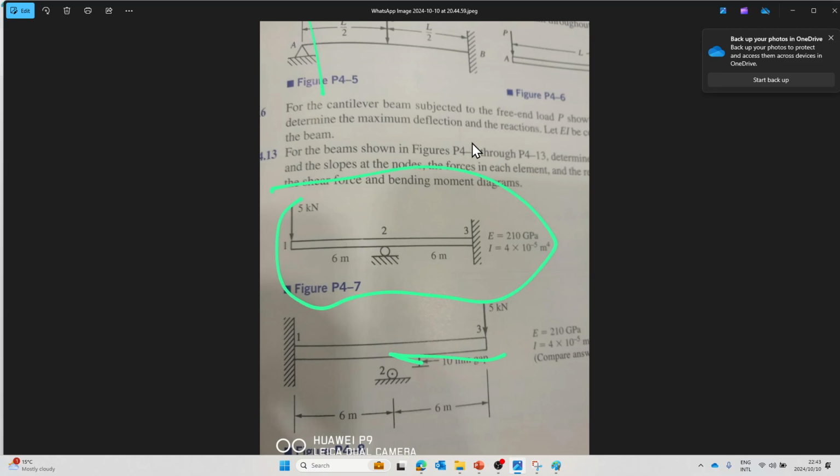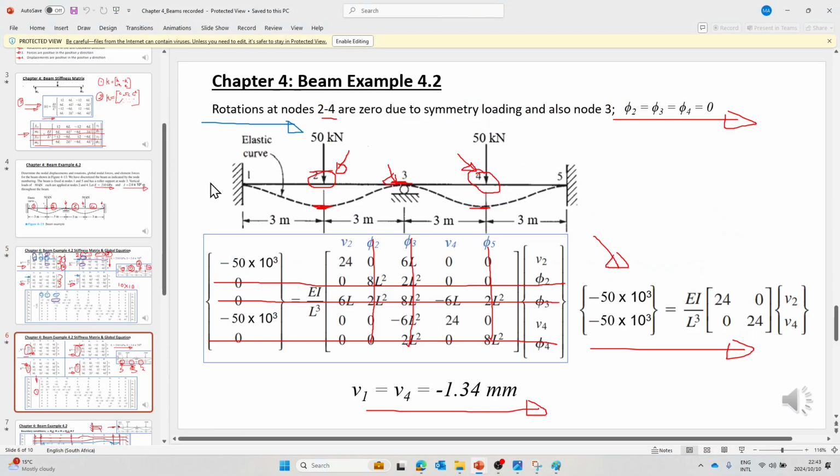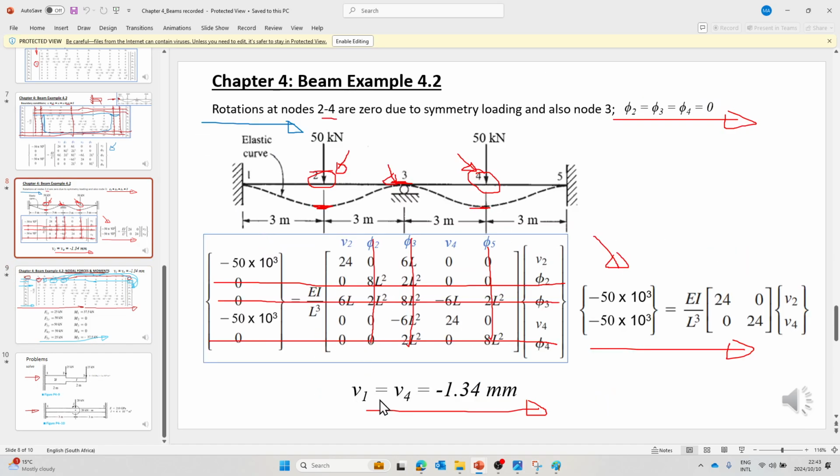Okay, now what is the question saying? Determine the slope at the node. What do they want us to determine? If you have the question, please share, but I believe it is something like this. In your example, what did they determine? They found the displacement at V1 and V4. No, this is the force.